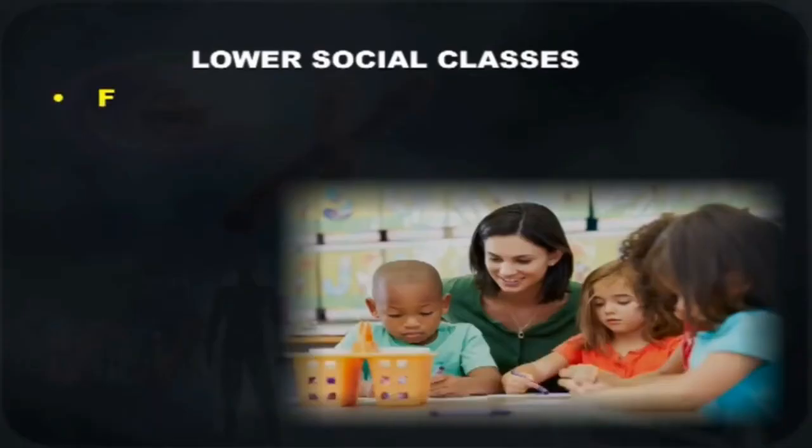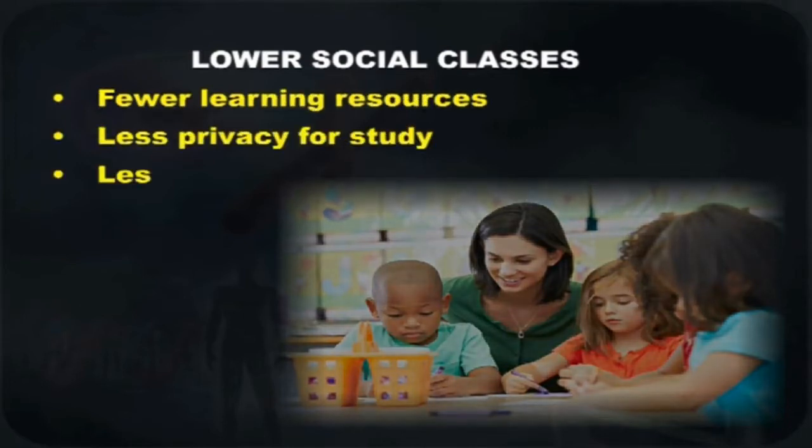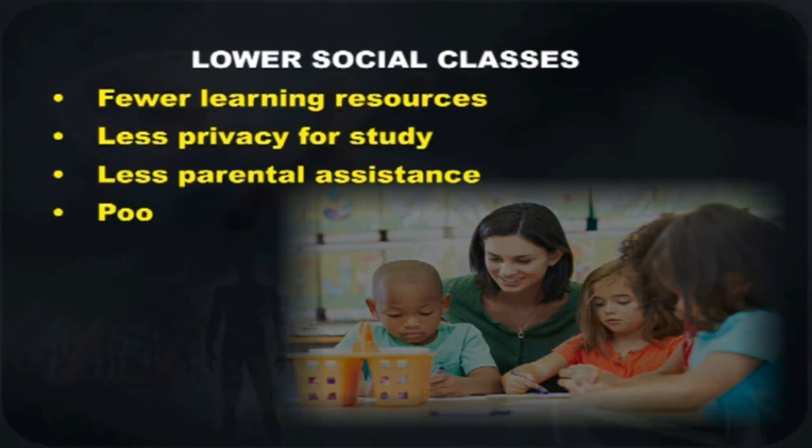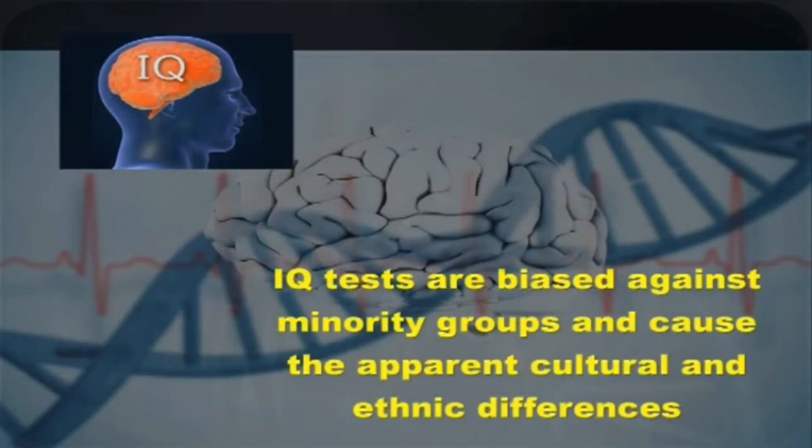People in lower social classes have a relatively deprived environment. Children may have fewer learning resources, less privacy for study, less parental assistance, poor role models, lower quality schools, and less motivation to excel intellectually. Some researchers argue that IQ tests are biased against minority groups and thus cause the apparent cultural and ethnic differences.